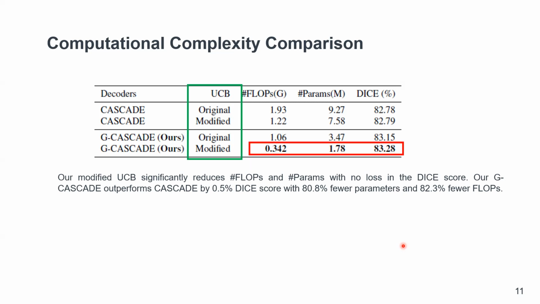Besides, when we compare CASCADE and G-CASCADE, we can see that our G-CASCADE beats the CASCADE decoder by 0.5% DICE score with 80.8% fewer parameters and 82.3% fewer FLOPs.